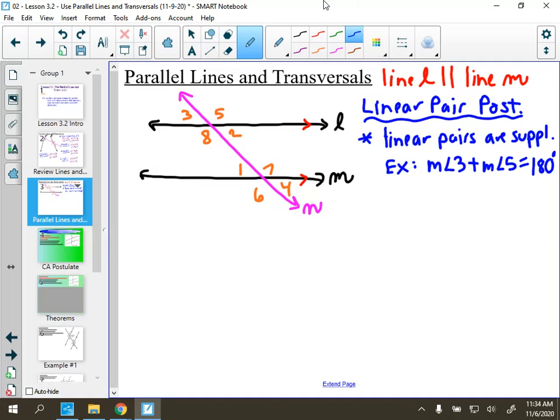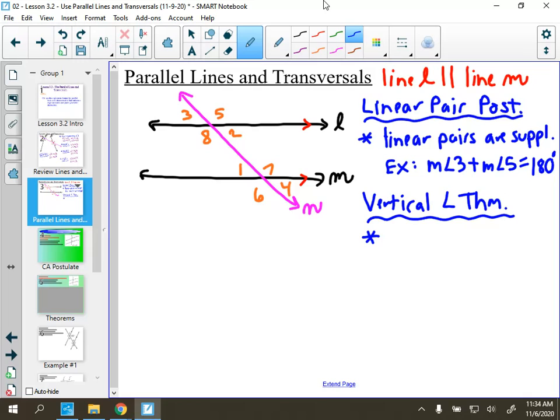Another property that came up in the previous chapter was the vertical angle theorem. I can't remember, it wasn't the first theorem that we did. I think we did the right angle theorem, but it was short and sweet.